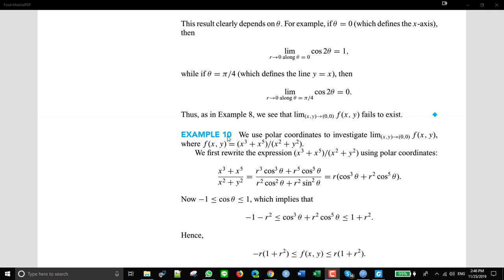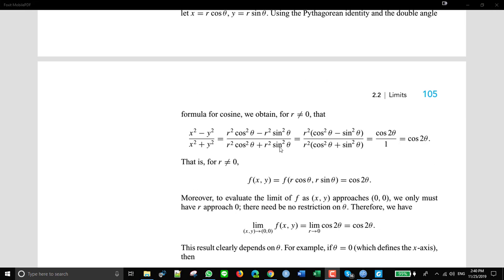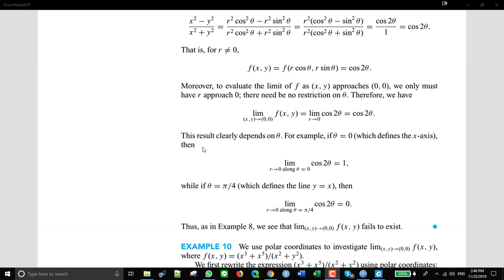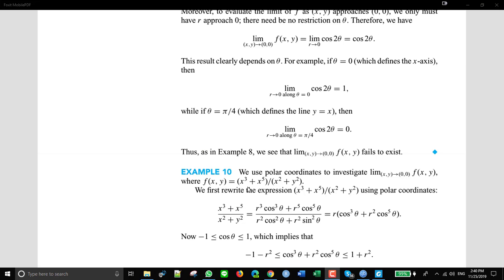Okay, let's continue. Example 10. We'll do polar coordinates to investigate this function. So this one still has the same denominator as before, right? Yep, same denominator as before, x squared plus y squared, but the numerator is different. It's this. Okay, so we're going to use polar coordinates.